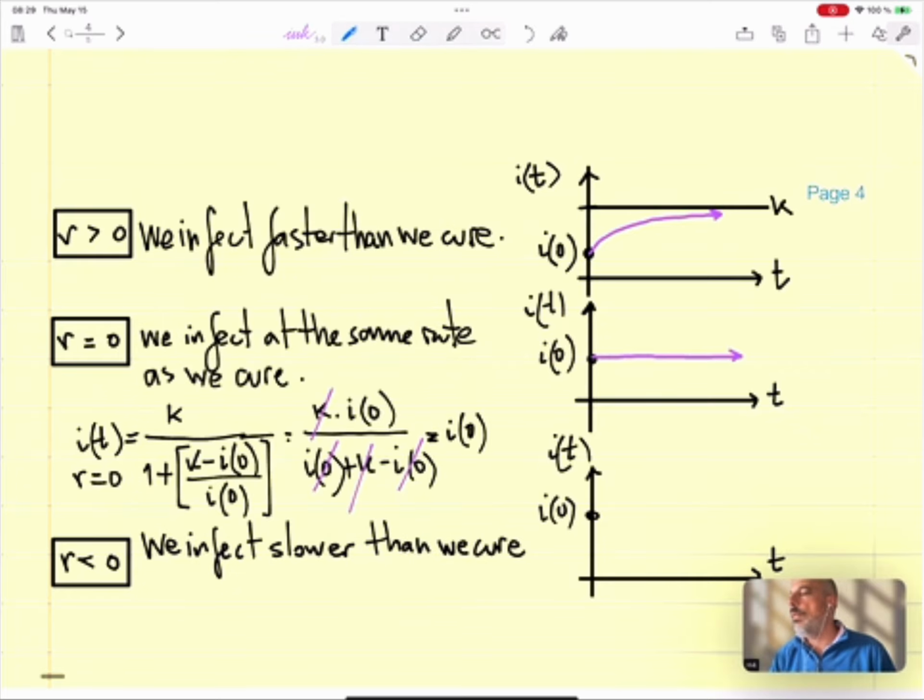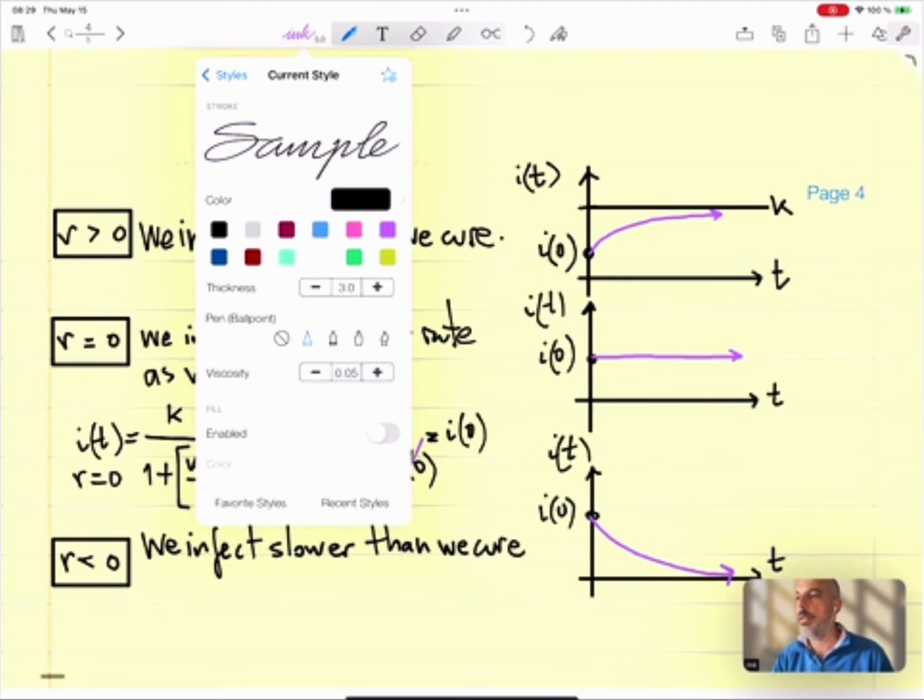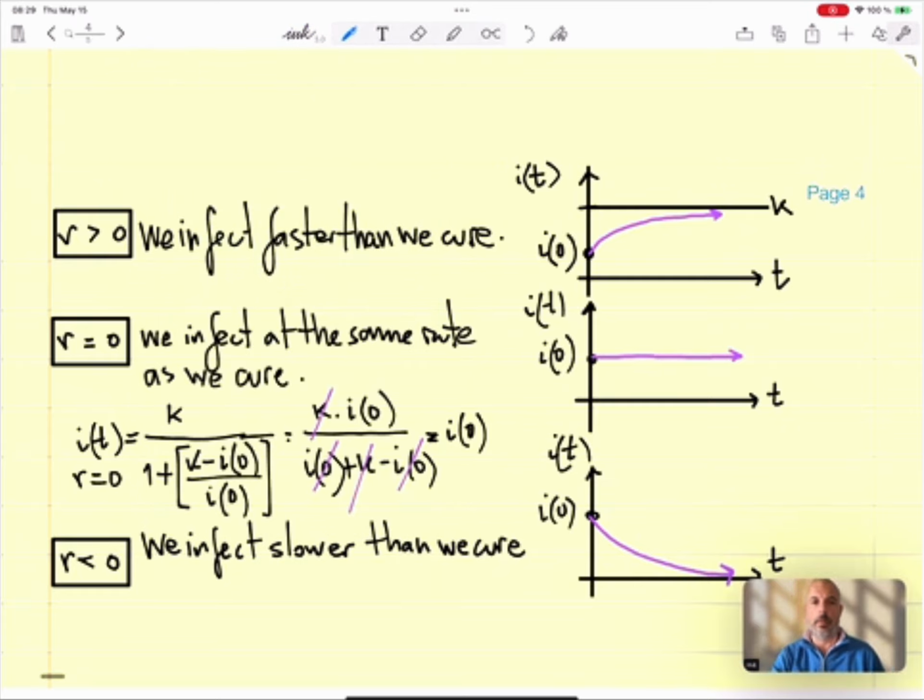The infection dies off and goes to 0. All right. So, any questions?